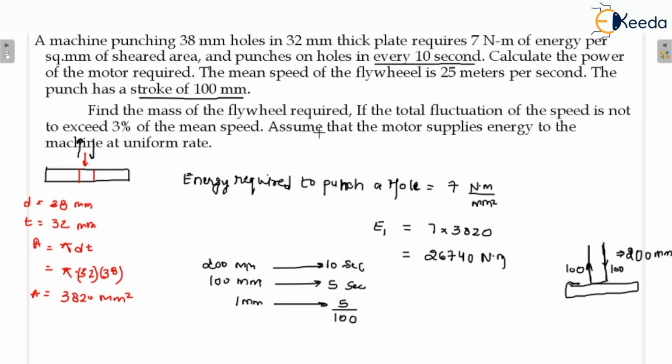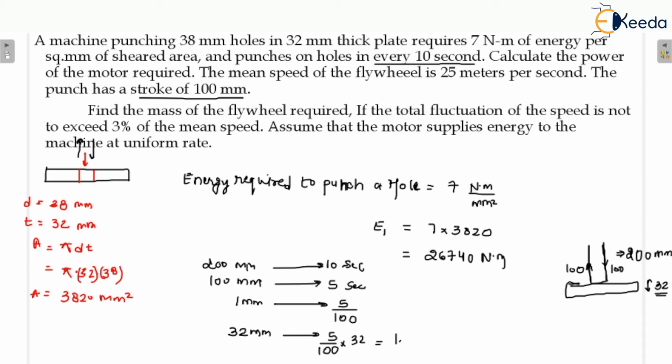Okay, so if the thickness of the plate is 32 mm, so 32 mm is covered in 5 by 100 multiply 32, and it would be our punching time.